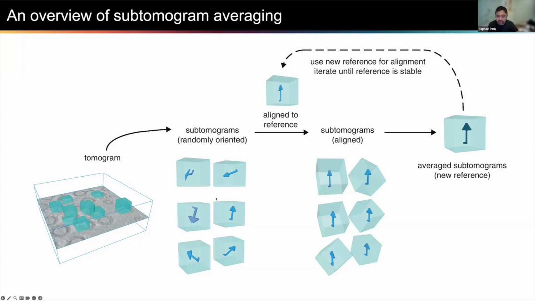And once you have these objects identified and extracted, then you can align one another to a point that every particle aligns in a single orientation that will give you improved resolution. And then this process can be done iteratively.